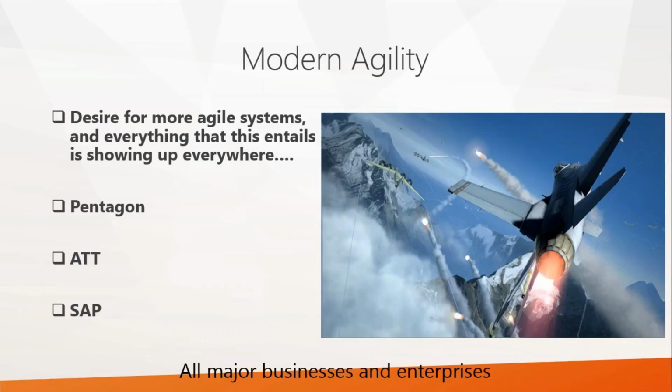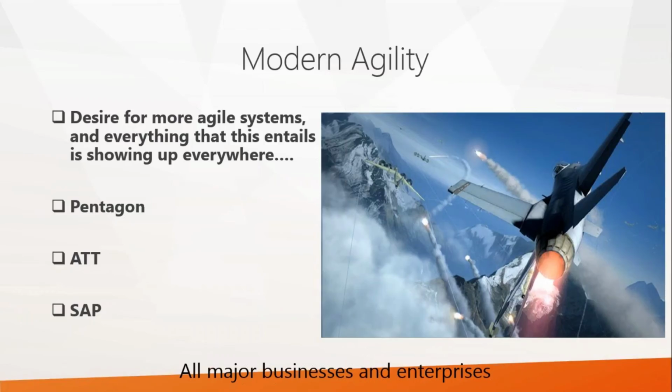I recently had a meeting at the Pentagon, and that's all they're talking about. It's kind of amazing, right? They're agile and agility is like the big word now. It's also becoming very popular in large industries like AT&T, SAP. Also, I have just noticed that IBM is doing the same thing.